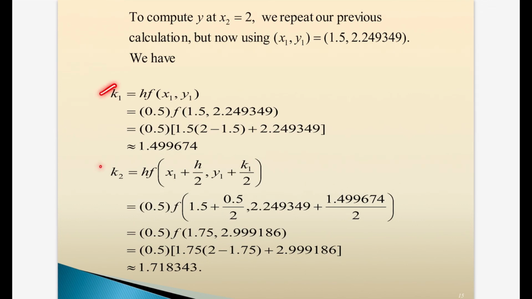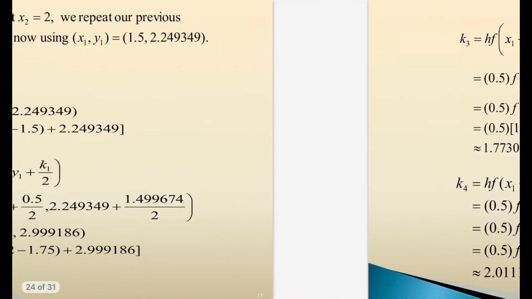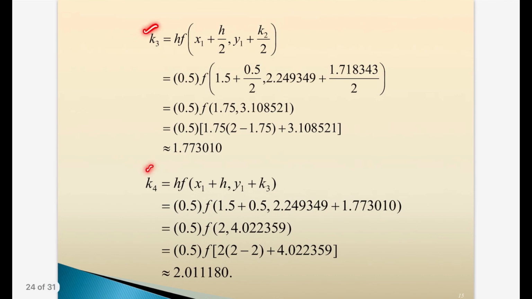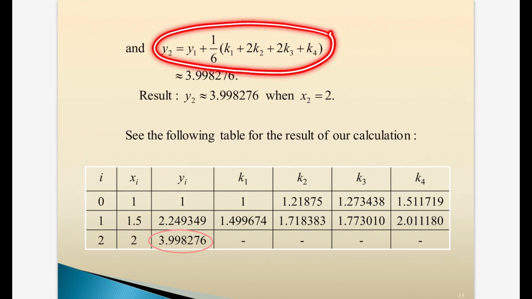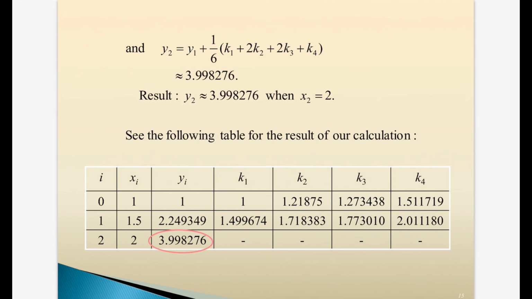So we need to find k1, k2, k3 and also k4. After that, you need to substitute into your formula for y2. So y2 will be 3.998276. So this is your y2 when x2 equal to 2.